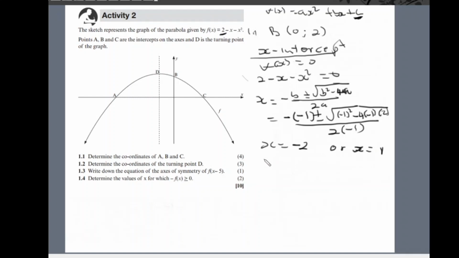So the coordinates of A will be (minus 2, 0), and the coordinates of C will be (1, 0).